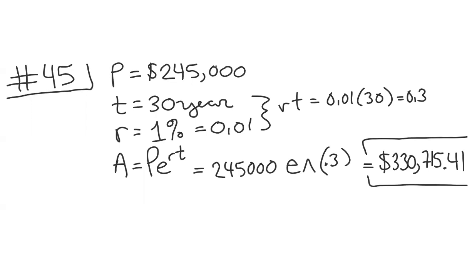So I guess inflation being 1% is okay. A savings account being 1% is trash. So this inflation means that in 30 years, a house you can buy today for $245,000 will cost you almost $100,000 more.